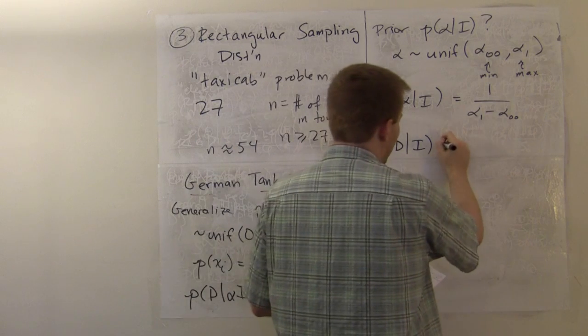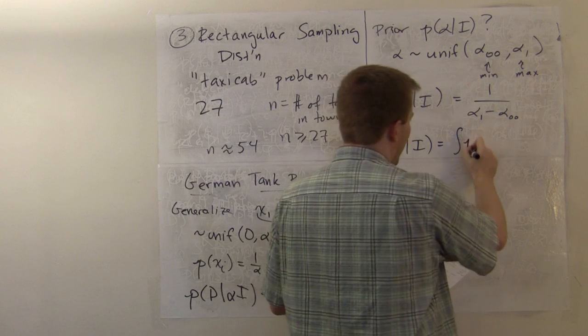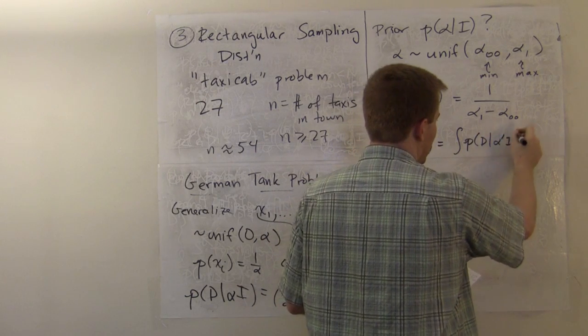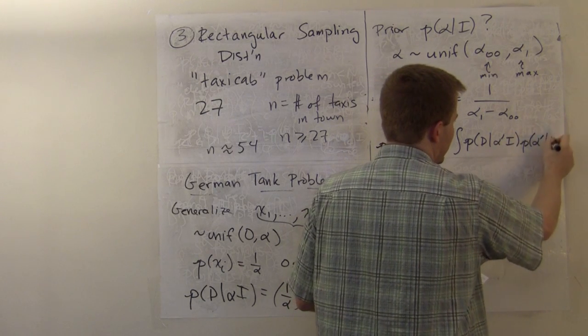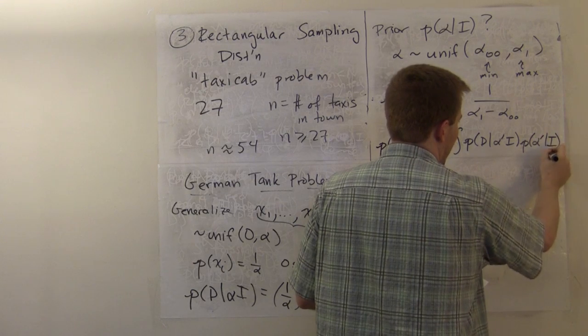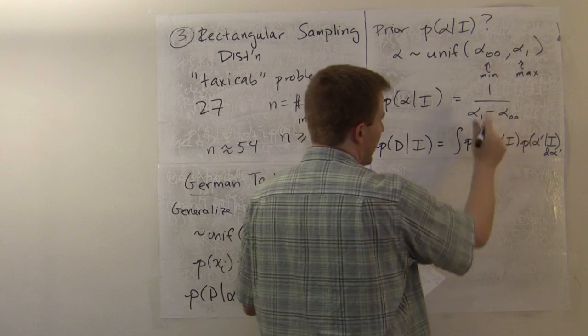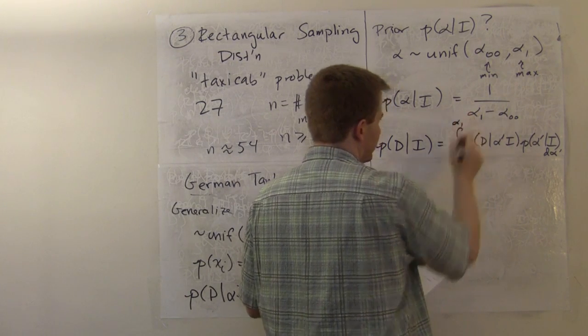But the way we'll get that is by integrating over all possible values of alpha. Let's call it alpha prime, times the probability distribution for alpha prime, d alpha prime. And the range of that is going to go from its minimum value to its maximum value.